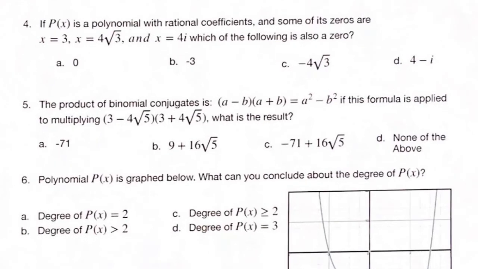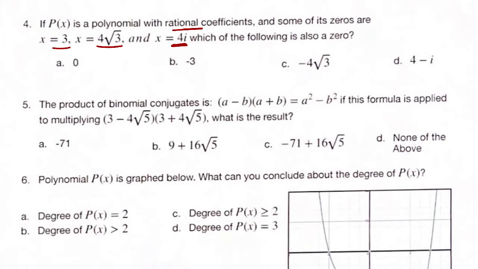Question 4. Got a polynomial with rational coefficients. It just means the coefficients are nice integers. And some of its zeros are, so some solutions are 3, 4 plus root 3, and 4i. Which of these is also a solution?